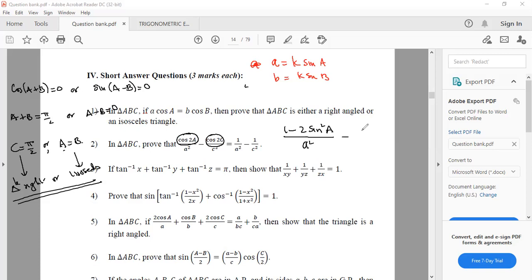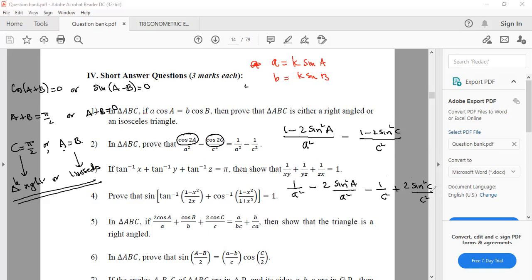Yes, sir. 1 minus 2 sin square C. So your aim is to convert into sine rule and cosine rule. अभी 1 by A square आ गया. Minus 2 sin square A upon A square. Minus 1 by C square plus 2 sin square C upon C square.